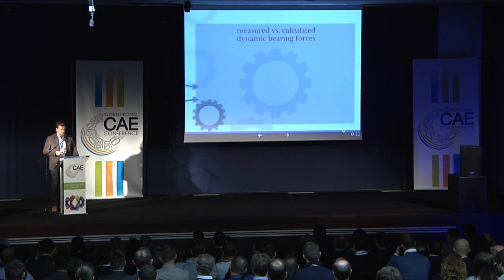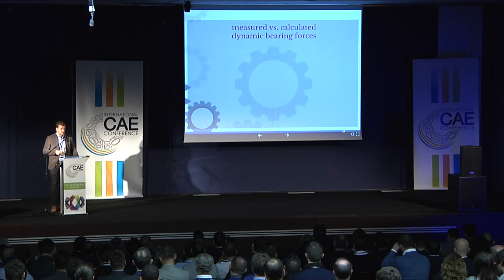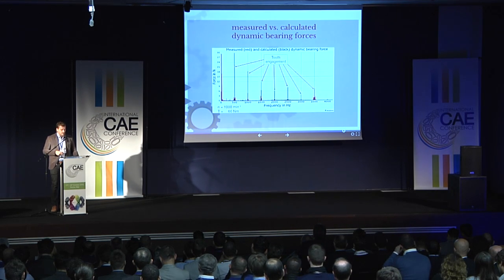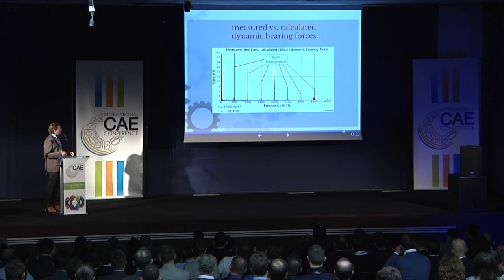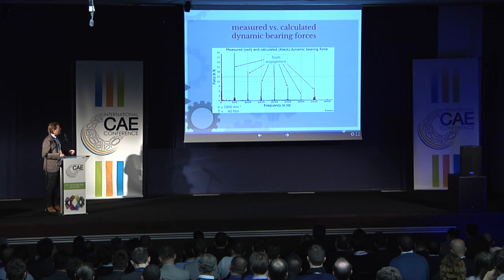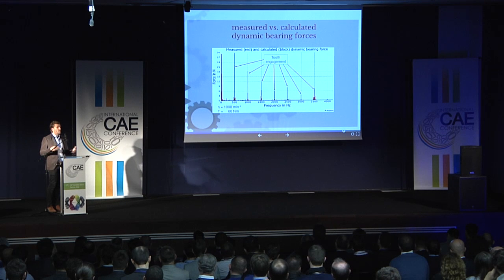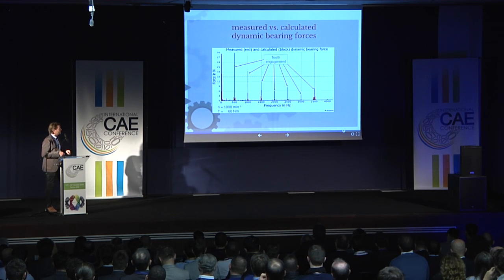What happens if we do the most challenging thing here, comparing? The red curve is the measured. As you know, we have the imbalance of the shafts right here. This is always one point where you can recognize which one is the measured and which one is the calculated curve. The black one is the calculated. We don't have any imbalance in our model because our model is perfect, as your model as well.